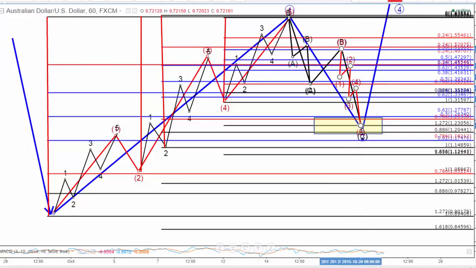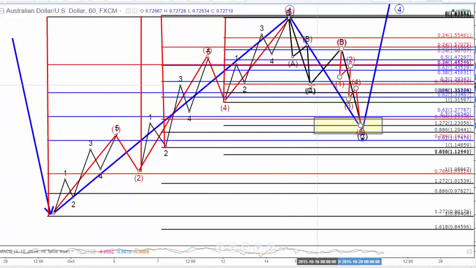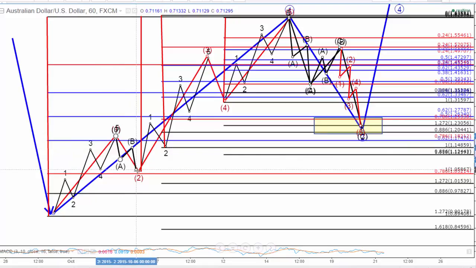A lot of times you're going to get that, and then you're going to get this. Here, here, here. In between these little swings, 3 to 4, 3 to 4, most of the time you're getting these little ABC corrective waves. See that?